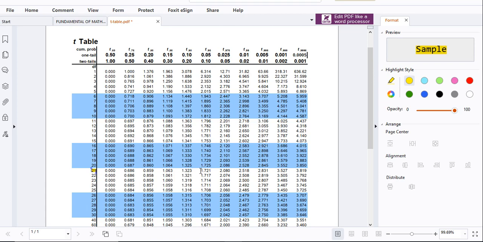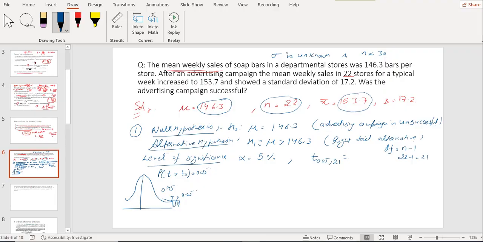So its value comes out to be 1.721. So what is the value? 1.721 at 21 degrees of freedom and 5% level of significance. So what is the tabulated value? It is 1.721. So it means that if the test statistic value is greater than 1.721, we are going to reject the null hypothesis, right? So the next step is we need to calculate the test statistic.